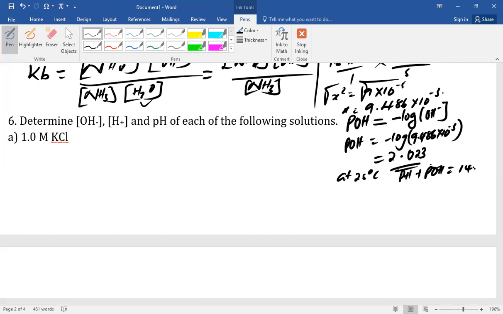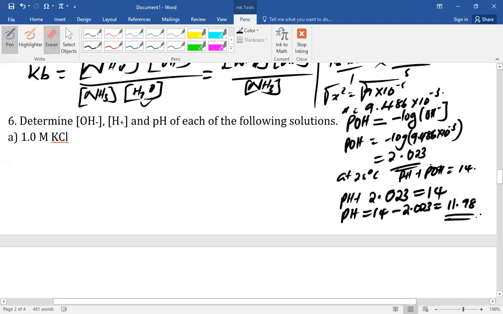So pH plus 2.023 equals 14, which means pH is equal to 14 minus 2.023, which gives us 11.98. So that's the pH of this.